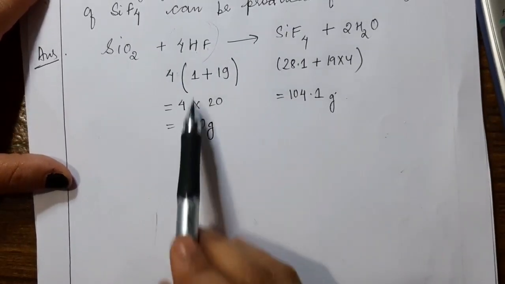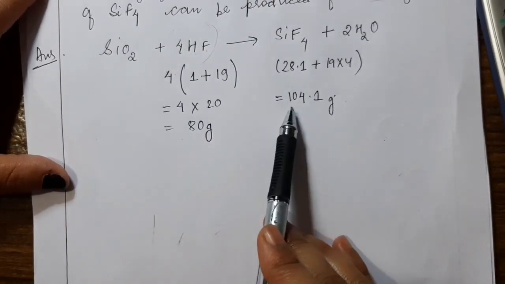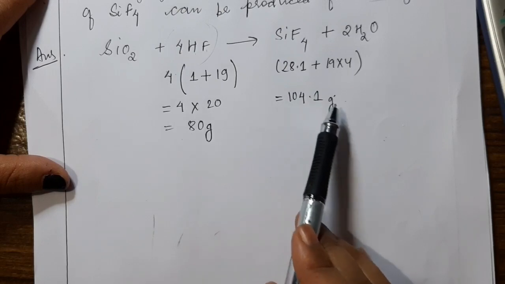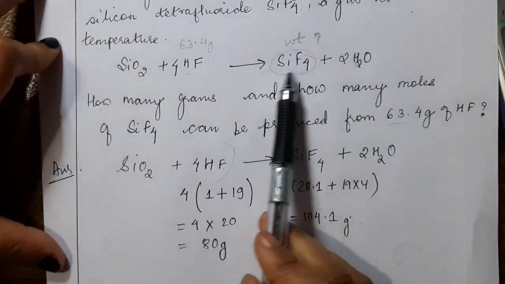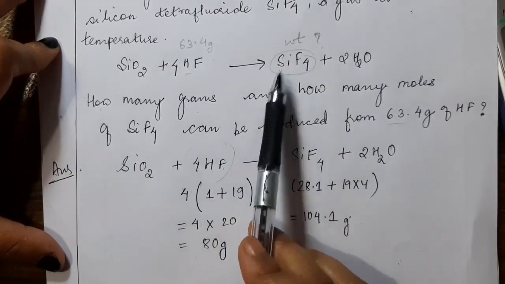So from the equation, 80 grams of HF would give you 104.1 grams of SiF4. Here what we have to find out is the weight of SiF4.